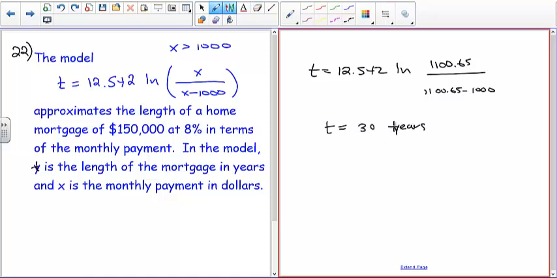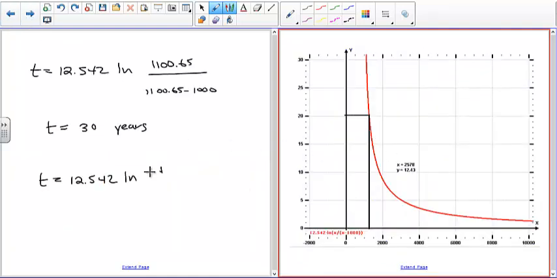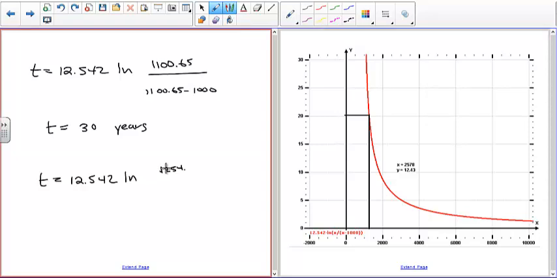Now the second one is for higher payments, so you'd expect that to reduce the time required to pay it off. It's probably going to be 20 years. I'm just guessing, but so we'd have 12.542 times the natural log of 1254.68 divided by 1254.68 minus 1,000.